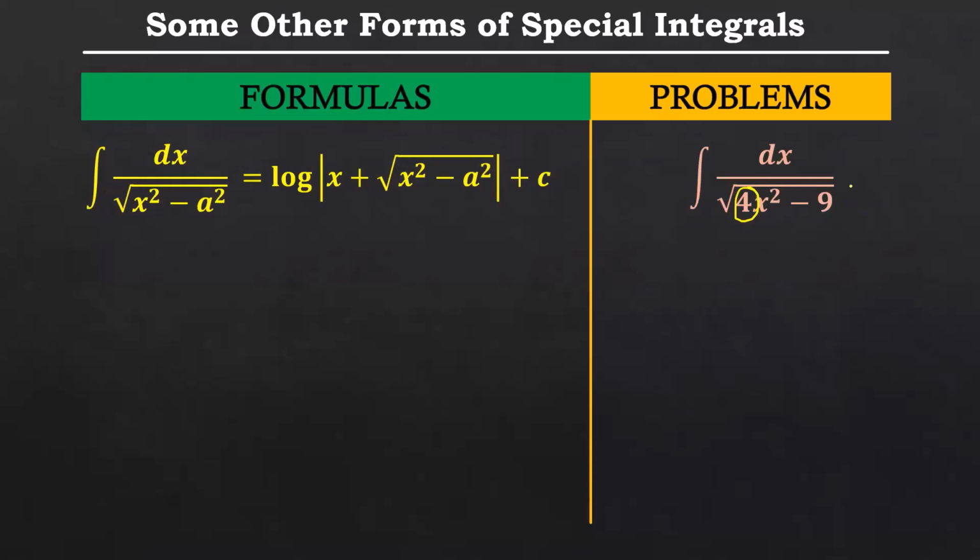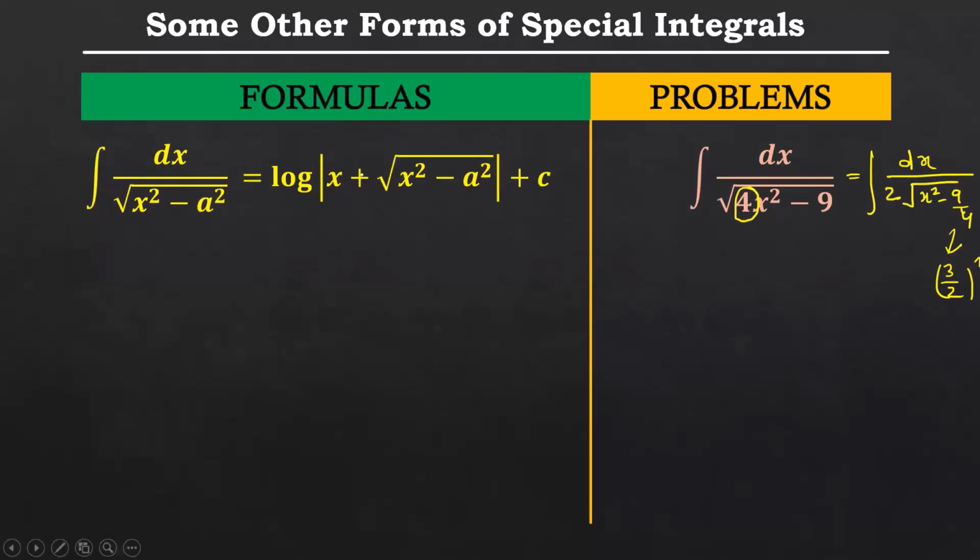If you take 2 outside, then your integration will be in this form: dx by 2 into root of x square minus 9 by 4, that is 3 by 2 whole square. Actually, this 9 by 4 will be 3 by 2 square. That means this is your a. Your a will be 3 by 2. Just put it in this formula and you will get your answer.